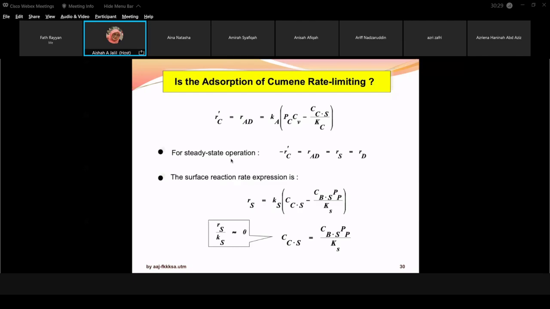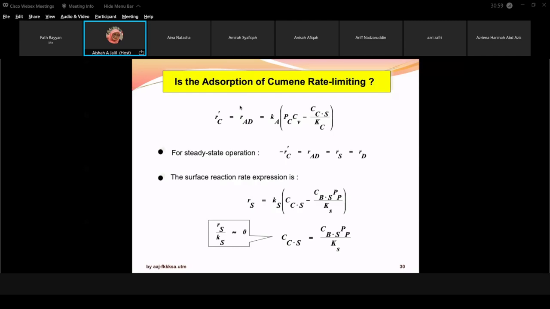Actually, if you can remember, sometimes the question gives you a set of data, and then you can plot the graph. Let's see the slide. This is like chapter 5, where you have to try and error which step is the rate limiting step.